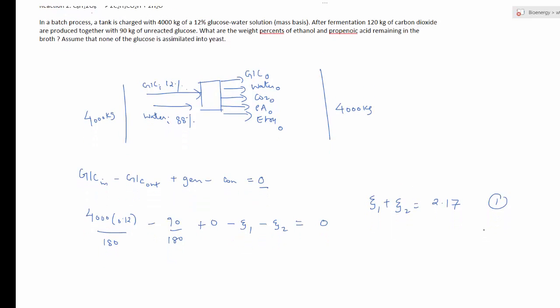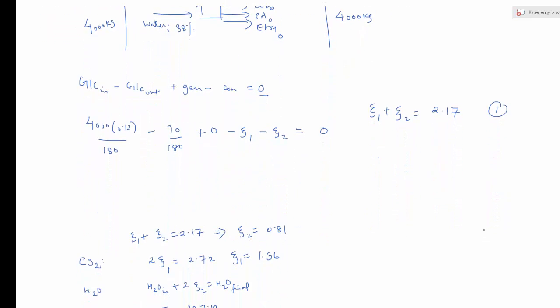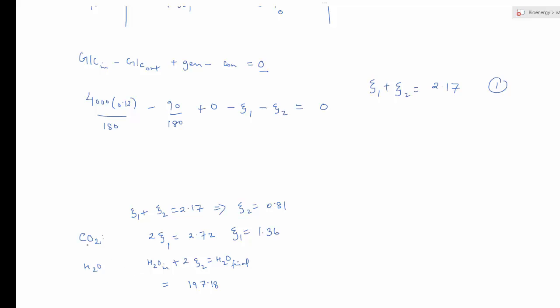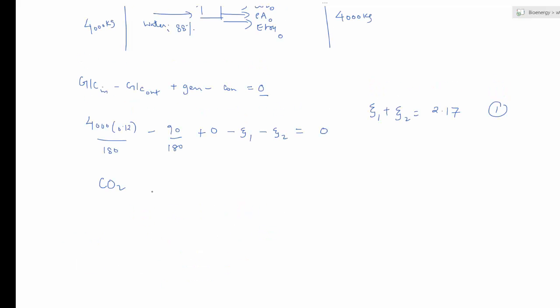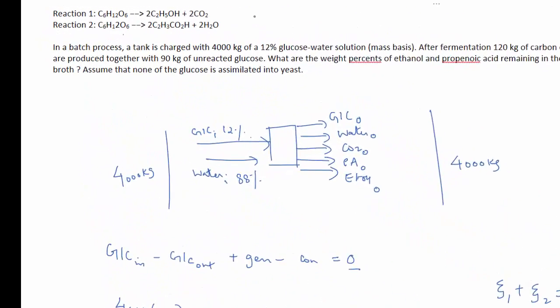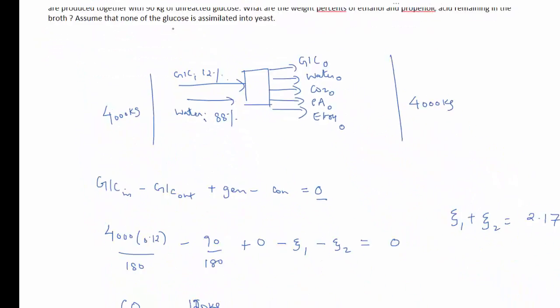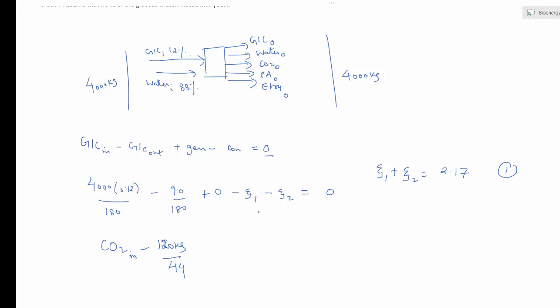So similarly, you can now list the second and the third and the fourth equation. The second equation I've got is for carbon dioxide. There is nothing coming in, but it's actually going out as 120 kilograms, and the molar mass of carbon dioxide is 44. And it's generated from the first reaction here. We wrote it here, and we said that the first reaction, Xi1 moles react. That means 2 times the Xi1 moles of carbon dioxide must have been formed, and nothing is being consumed.